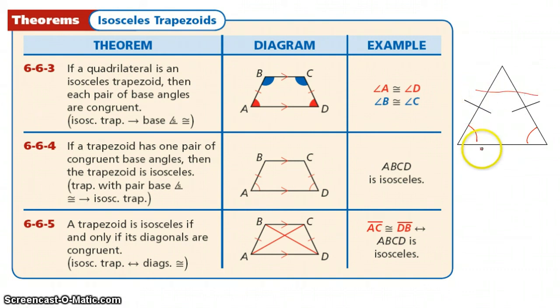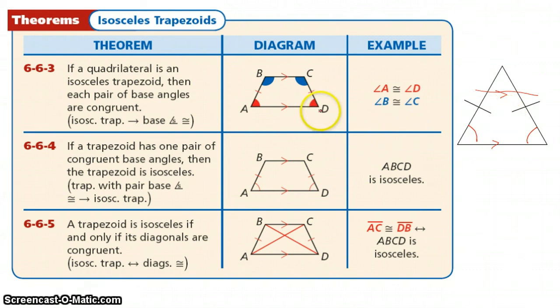Now, does that kind of look like a trapezoid? As now we have two bases that are parallel to each other, and we have our two non-parallel sides congruent to each other, and again we call those our legs. So very similar to our isosceles triangle is our isosceles trapezoid.